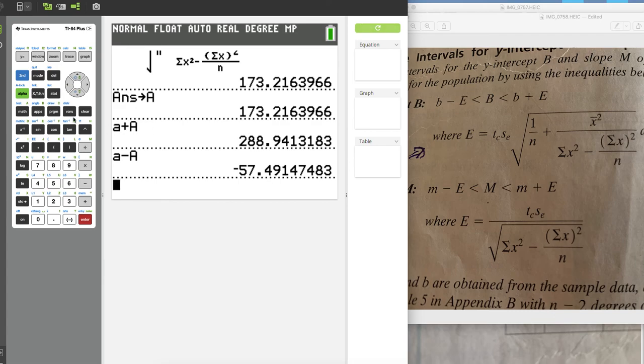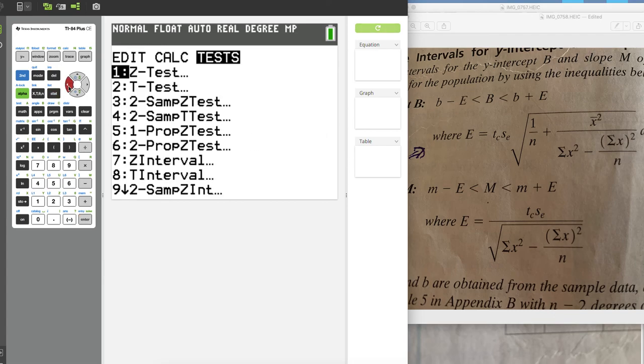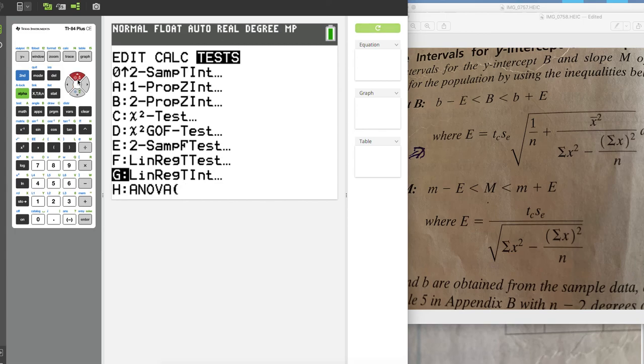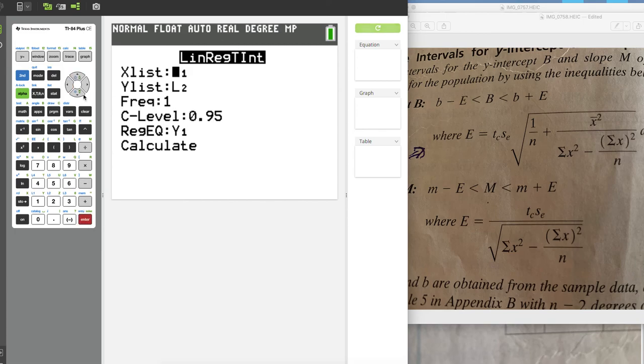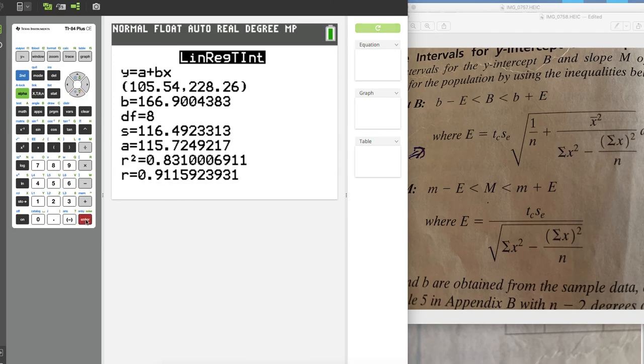And we are 95% confident that the slope is going to be between 105.54 and 228.26. Okay, so those are your two answers.